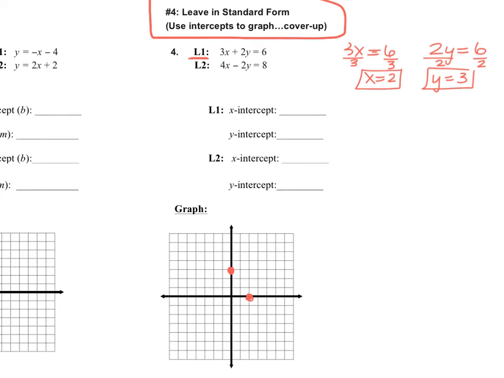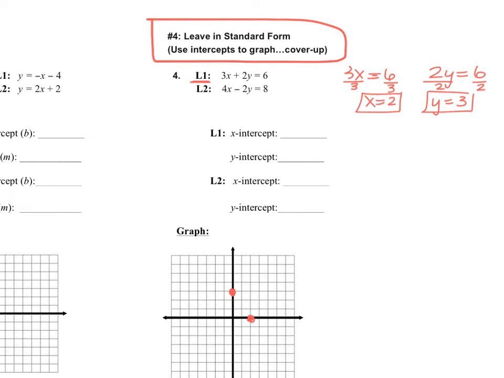But for line 2, we're going to do the 2 equations again. So 4x equals 8 and -2y equals 8. So solve that. Divide by 4, divide by 4. So x equals 2. And then divide by -2, divide by -2.